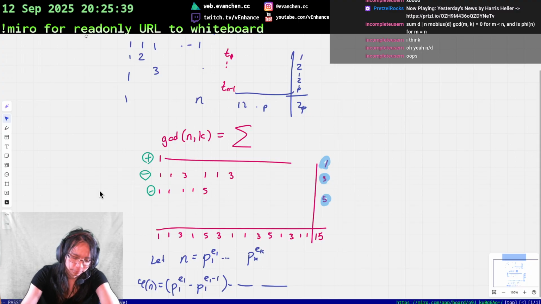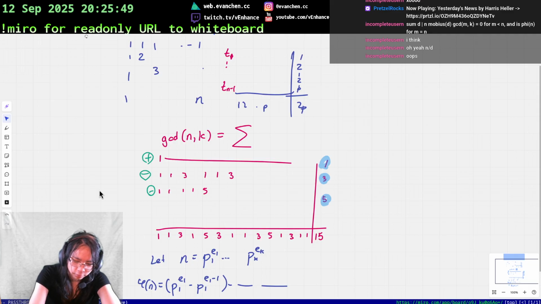Okay. Claim: the sum of Mobius n over d times GCD of m and k, across d dividing n, for all fixed m. Well, okay.